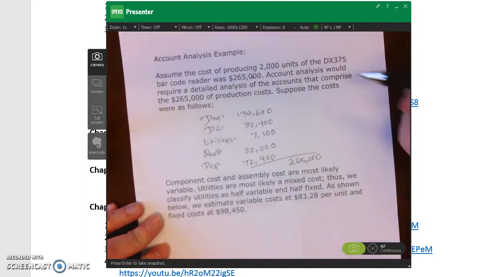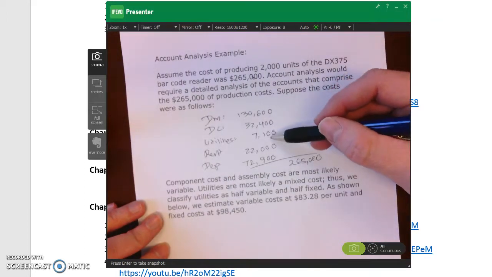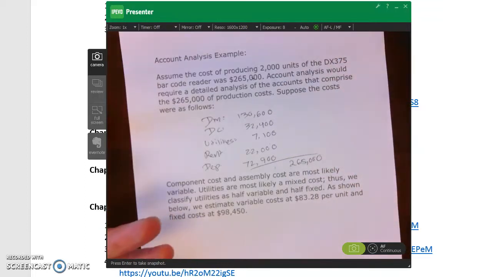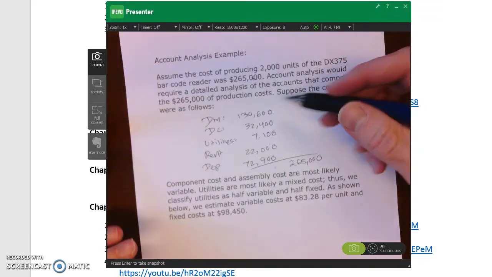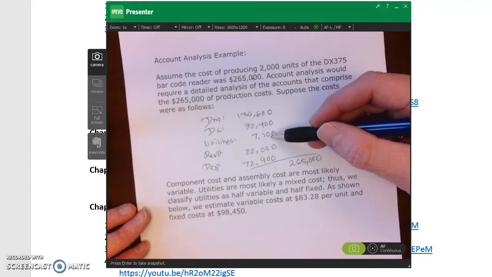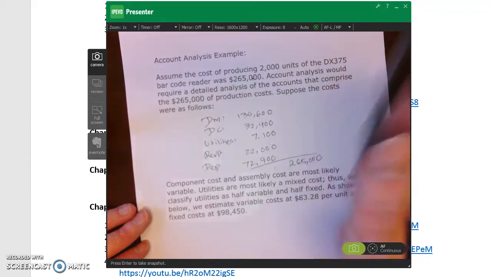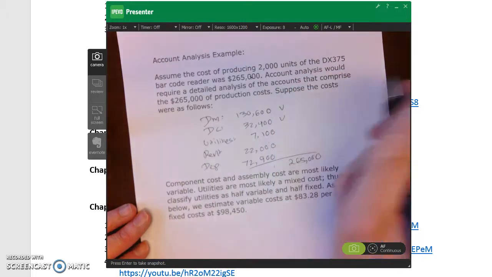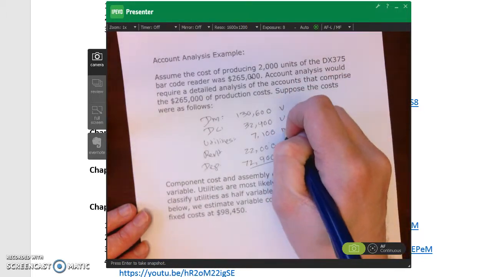The first thing we do is get the cost breakdown. The second thing we do is go through and classify these costs as variable, fixed, or mixed. We know that direct materials costs are variable, direct labor costs are variable, and utilities costs would be mixed.